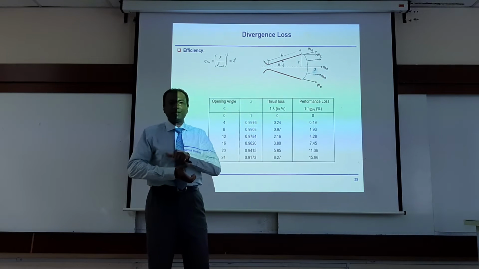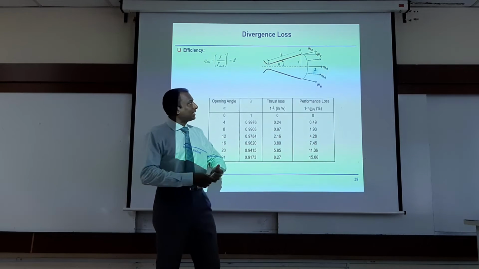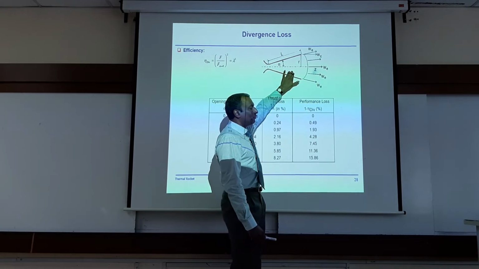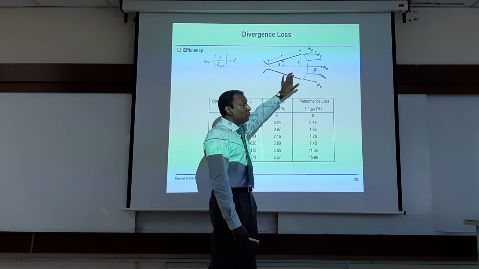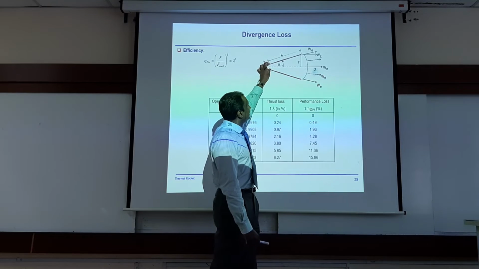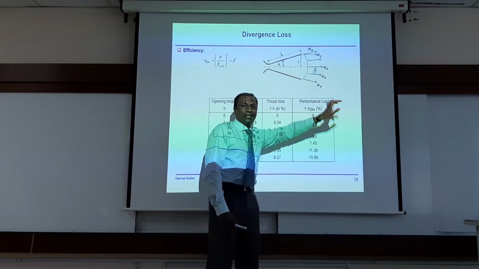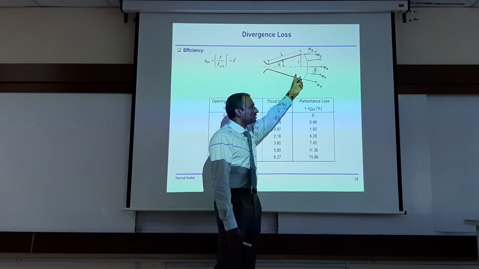Obviously, you will have losses here. The strength of the flow is still in the middle, but you have added some extra flow in the periphery. If you don't open this up, this is not additional. It is just this that you will have. So this tells you, yes, there are losses here.